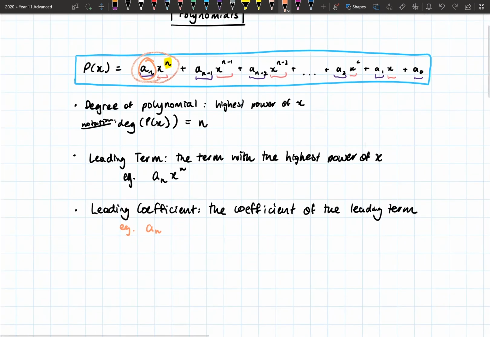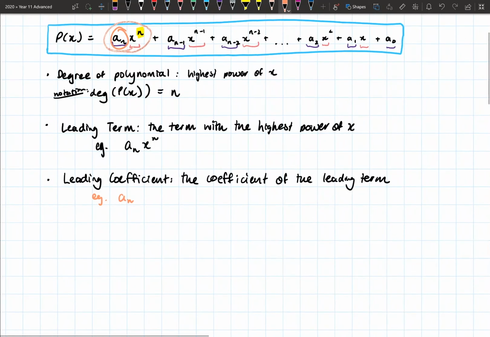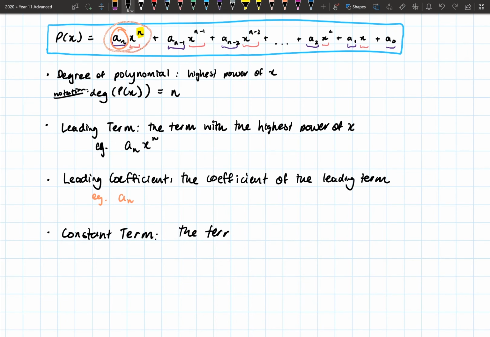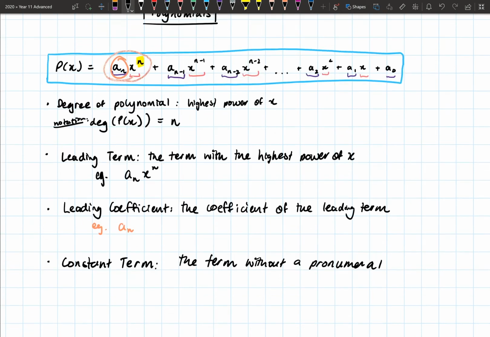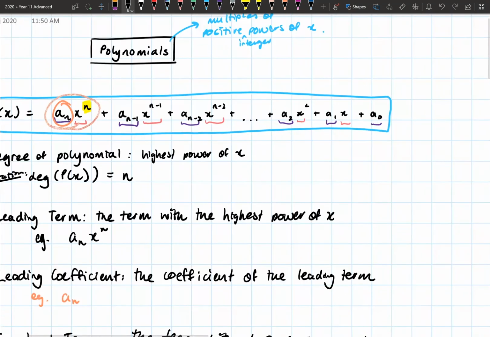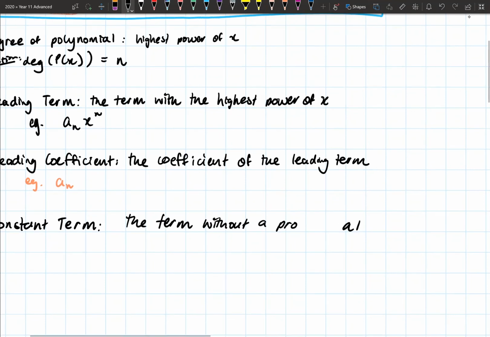The last piece of terminology you need to know is the constant term. The constant term is the term without a variable. I should say variable, not pronumeral.